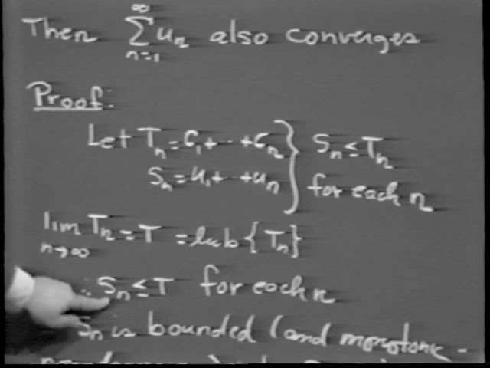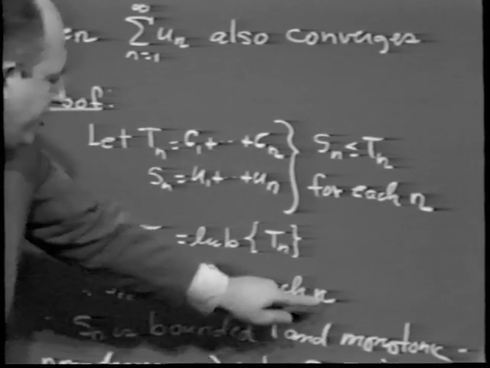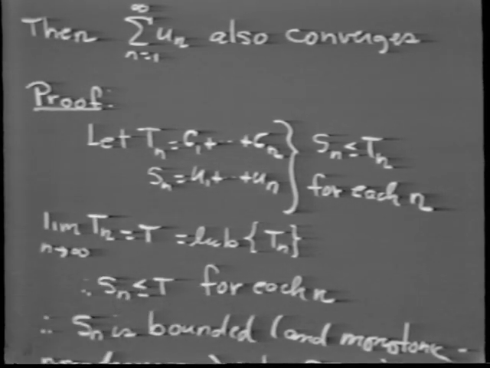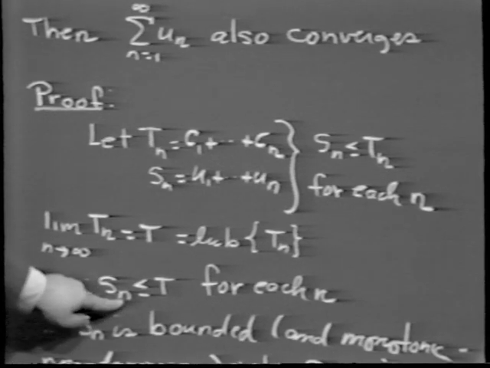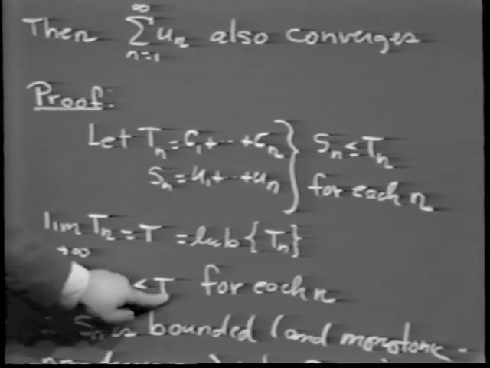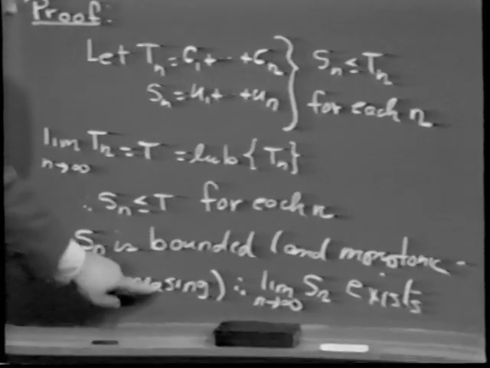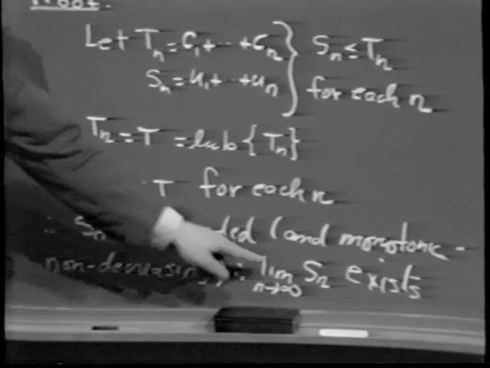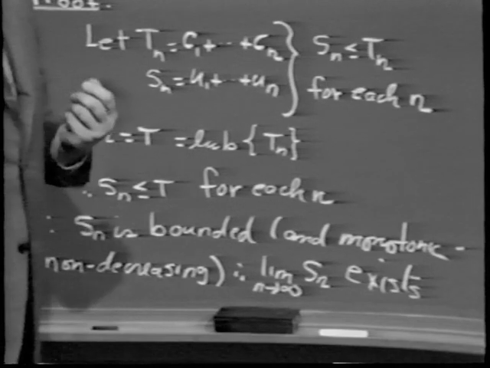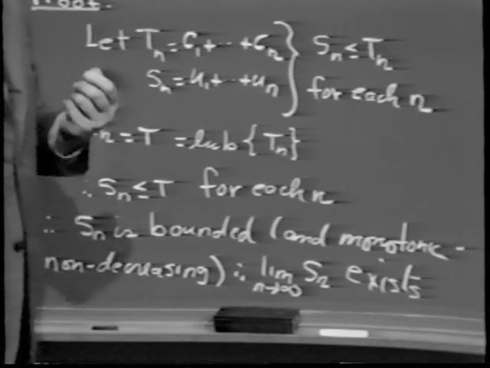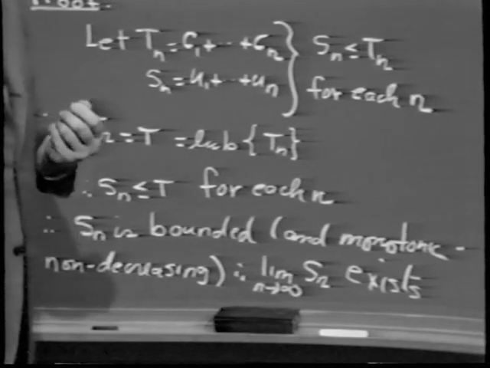In other words, s sub n can be no bigger than t for each n. Well, what does this mean? It means then that the sequence s sub n itself is bounded. Well, it's bounded. It's a monotonic non-decreasing sequence. Therefore, its limit exists. Not only does it exist, but it's the least upper bound of the sequence of partial sums.